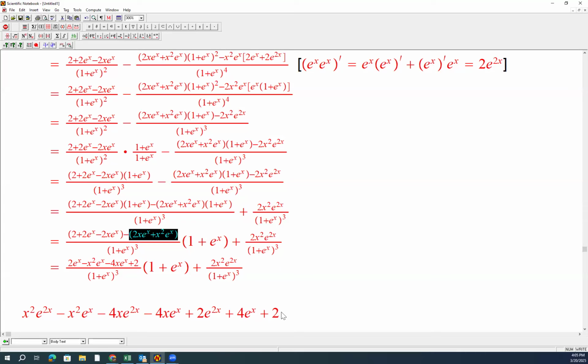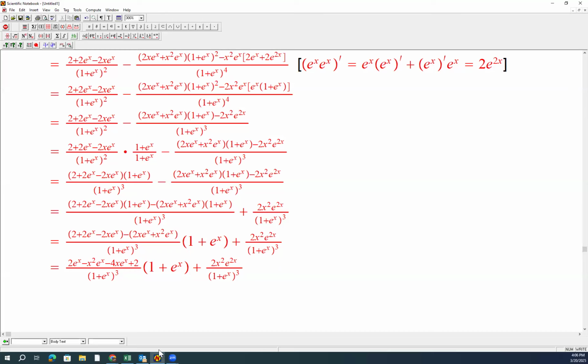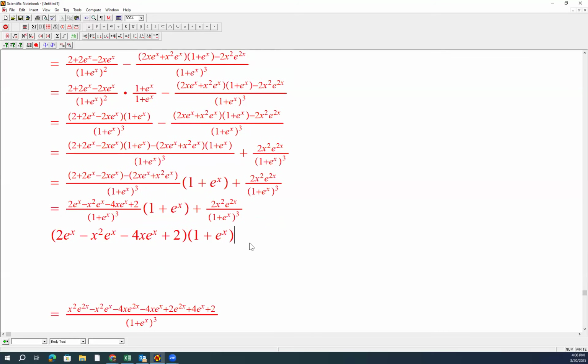Now, shall we go further? We could. Okay, we could go further. To go further, we would take this piece and multiply that piece by 1 plus e to the power x. So we want to combine them into one single expression. Okay, so then you just do the product, do FOIL. This is a big FOIL.